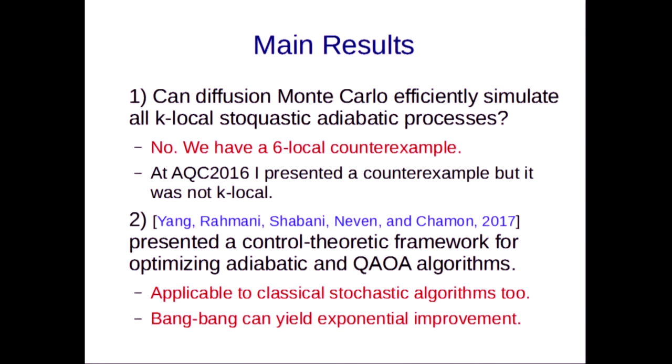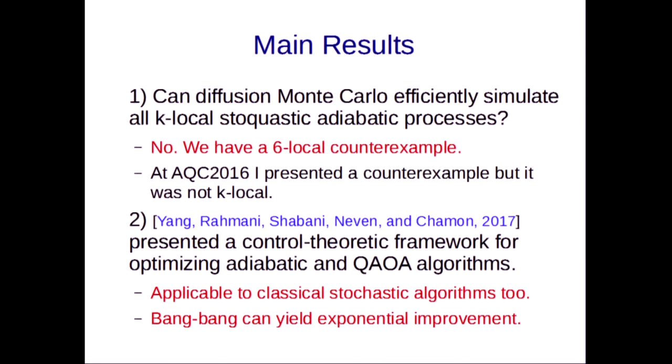And so the progress since then, in fact, I believe last year at AQC 2016, someone raised their hand at the end of the talk and said, but your Hamiltonian has n-body interactions. What about if you restrict your attention to k-local Hamiltonians for some fixed k? Is it then possible to have a diffusion algorithm that simulates all of stochastic adiabatic computing? And at the time, my answer was, well, I don't know, but I'll think about it.